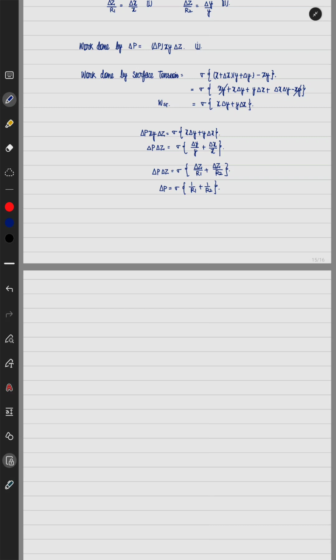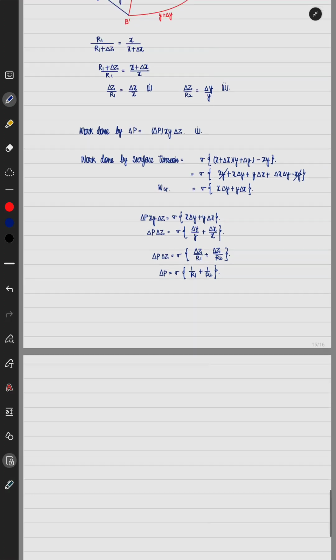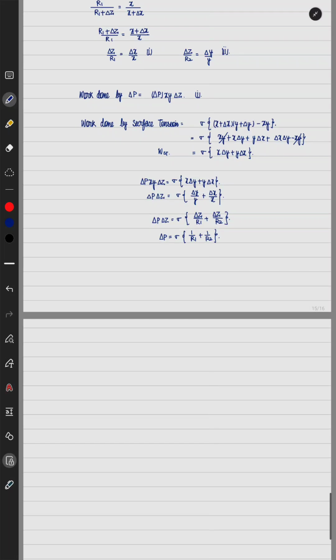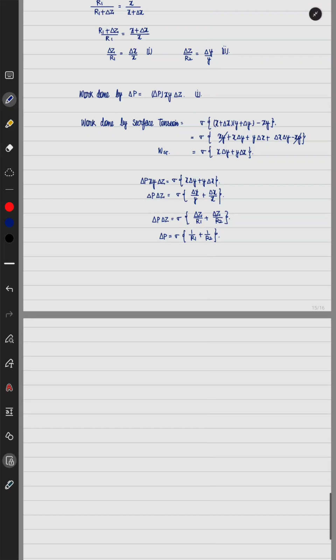Now one thing we have to keep in mind, that if we take the surface ABCD from any sphere, then all the radii of curvature should be same, because we are taking it from the sphere. So in that case r1 will be equal to r2. For the generalized case where r1 and r2 are not same, delta p is related to sigma as sigma into 1 by r1 plus 1 by r2.